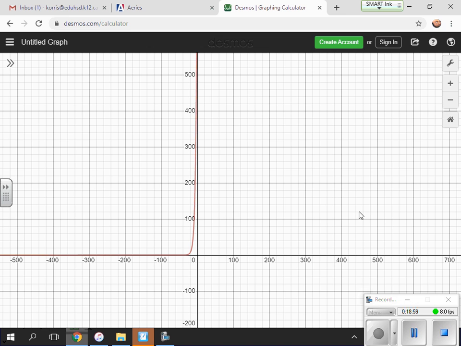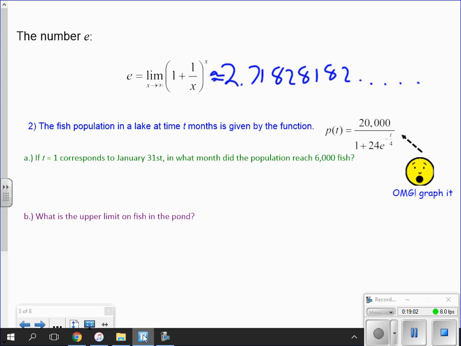If we go back and look in here, what is the population of 6,000 fish? You can graph it or you can solve it algebraically. We're not going to solve this one algebraically today. We will be solving problems like this algebraically sometime next week or the week after.